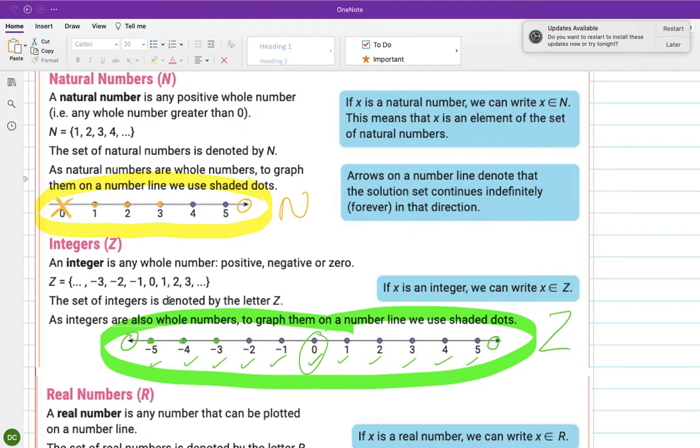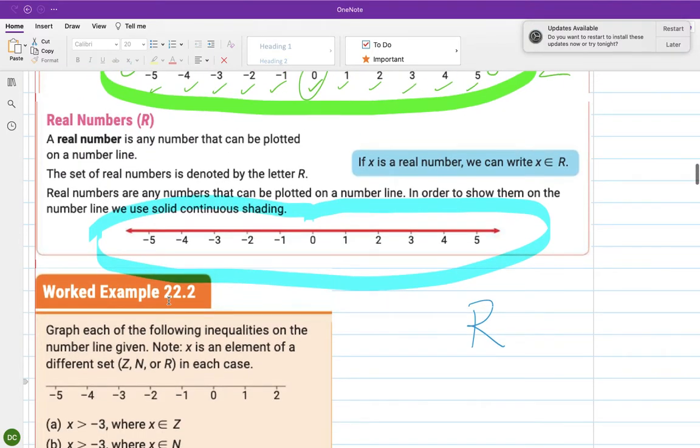So real numbers. Here we are. Real numbers are your positive whole numbers, which don't stop at 5. They continue, which we show with an arrow. Your 0 and your negative numbers, which don't stop at -5, which we show with an arrow.